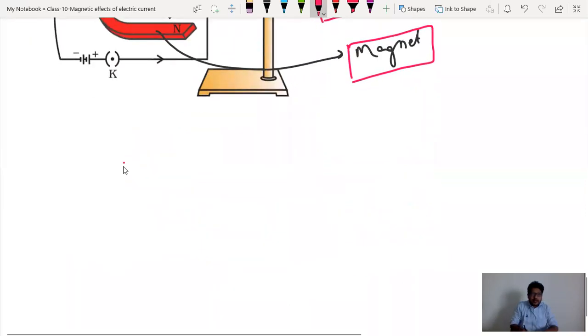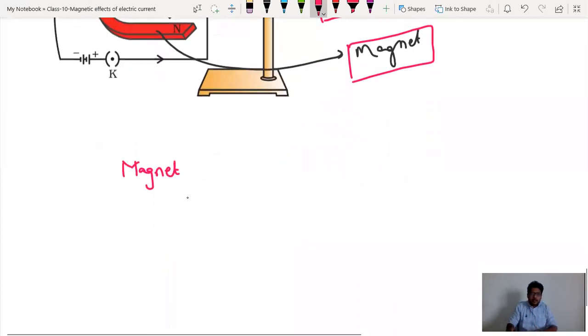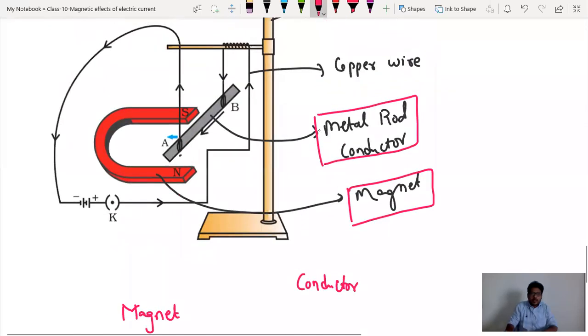So first let us take magnet. That magnet is horseshoe magnet. Whatever it may be, either horseshoe or bar magnet, around this magnet what will be present? Magnetic field is present, isn't it? Now this side we have conductor. Are we passing any current through the conductor? No, we are not passing any current. If you are not passing any current to the conductor, nothing will happen.